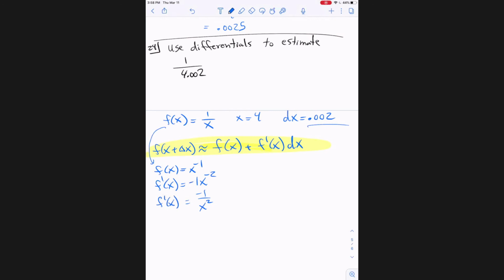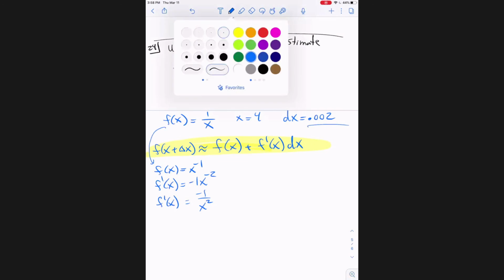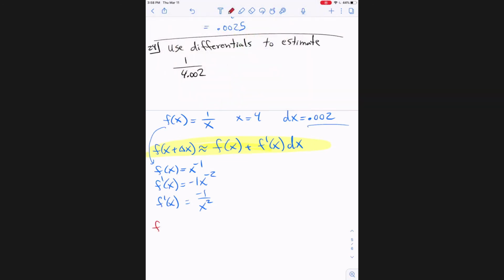Now I have all the info that I need to approximate. So f of x plus delta x. That would be f of 4 plus 0.002. Isn't that f of 4.002? So notice, if I figure out what f of 4.002 is, that means plug in 4.002 here. Now I'm going to approximate 1 divided by 4.002 by figuring out what f of 4 plus 0.002 is.